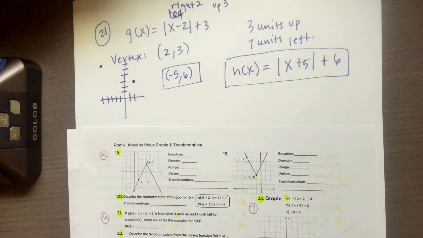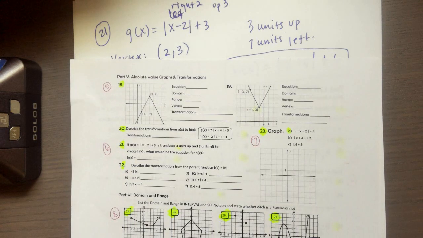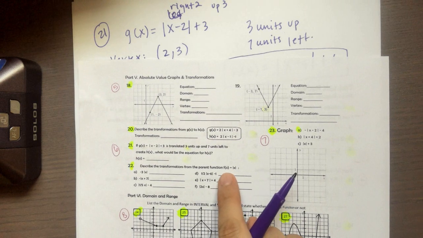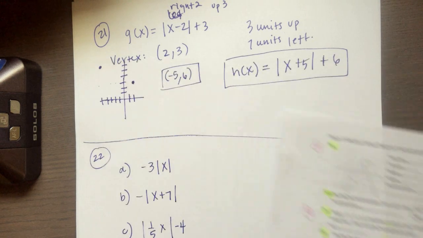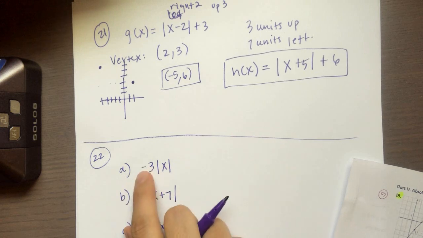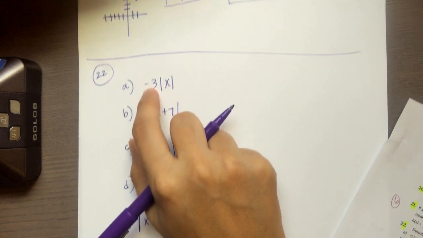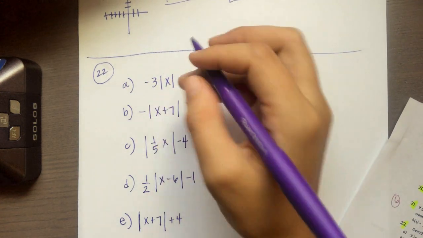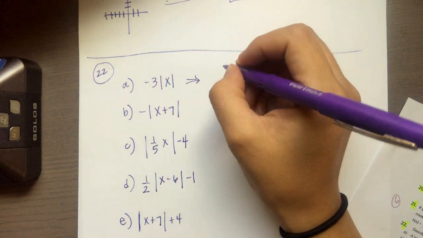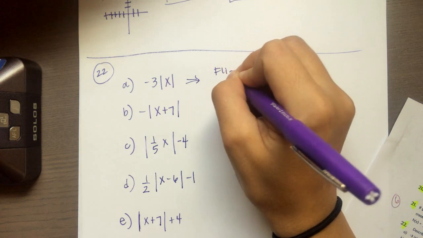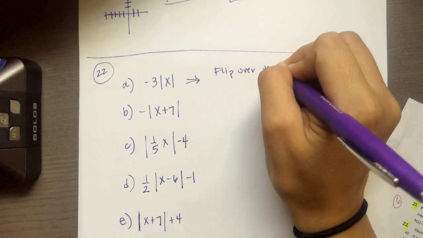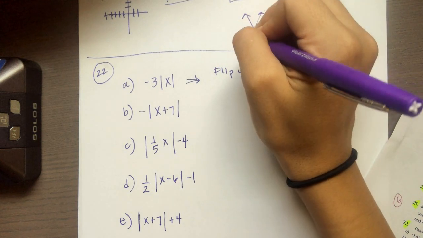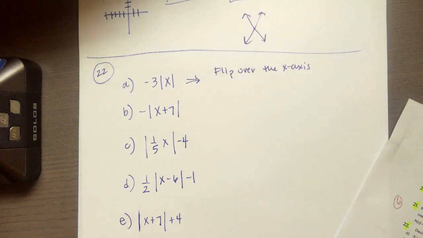Alright, so let's look at number 22. It just asks, what are the transformations of the parent function? Remember, your parent function is y, or f of x, equals absolute value of x. So for A, there are 2 transformations going on, the negative and the 3. Everything is in vertical land. The negative on the outside is going to flip over the x-axis, so your graph goes like this and then flips down.